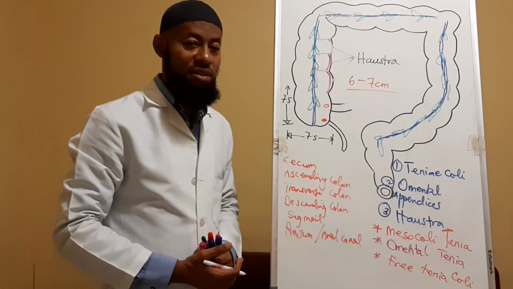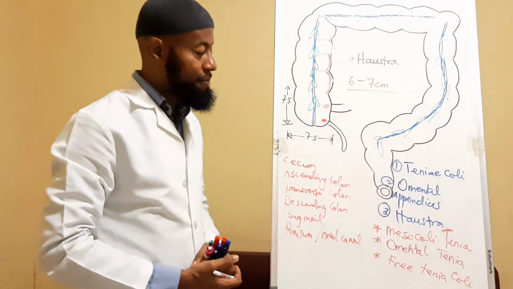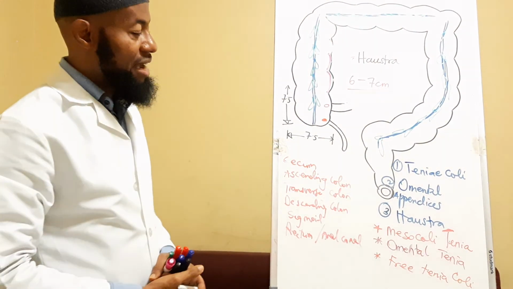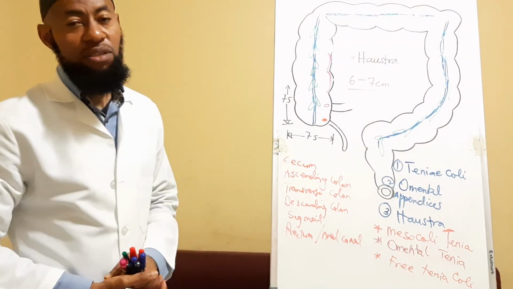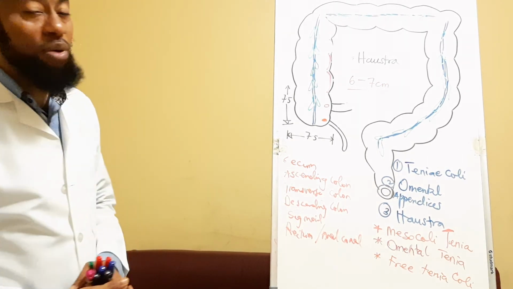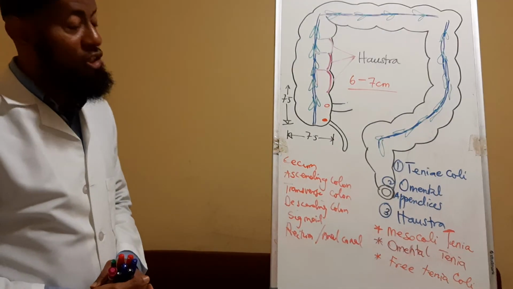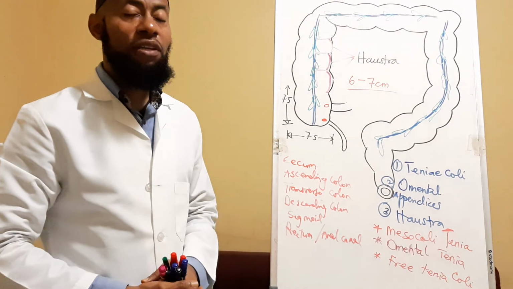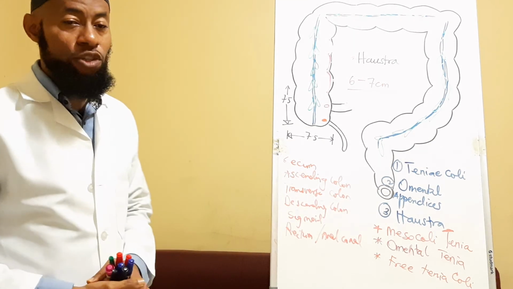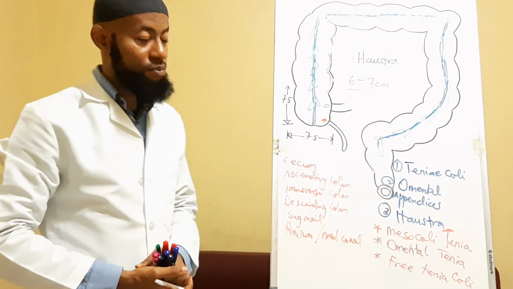Now it has its blood supply and mesentery. The mesentery is described as mesoappendix, and the artery that supplies the appendix is the appendicular artery. The appendicular artery is a branch of the ileocolic artery. The ileocolic artery is a terminal branch of the superior mesenteric artery.